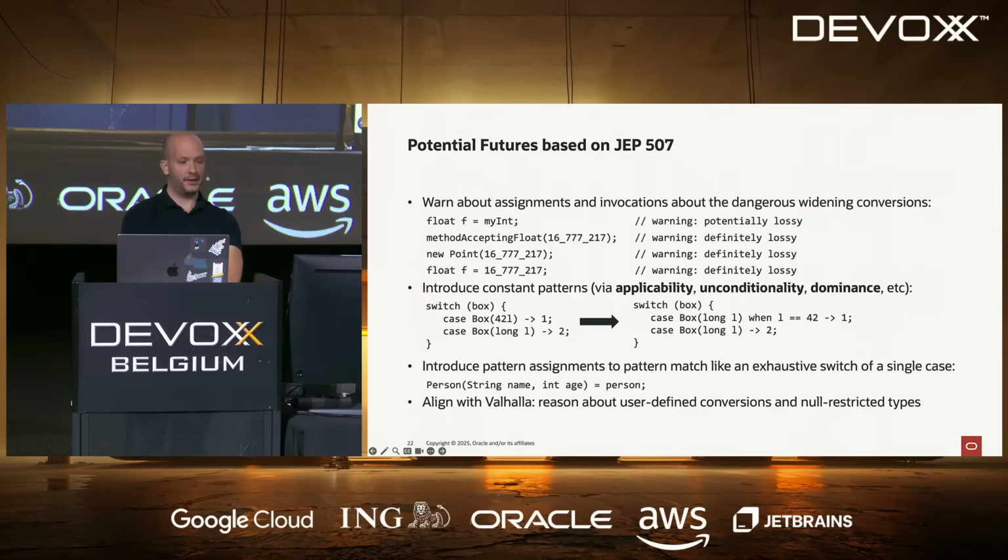Since we discovered that the method invocation allows widening primitive conversions, some of them can be lossy, three of them can be lossy, and assignment also can be lossy. Since we have now the tool, we can raise warnings for these occasions when the value on the right-hand side, as the first line shows, can realize that, oh, something can be potentially lossy here.